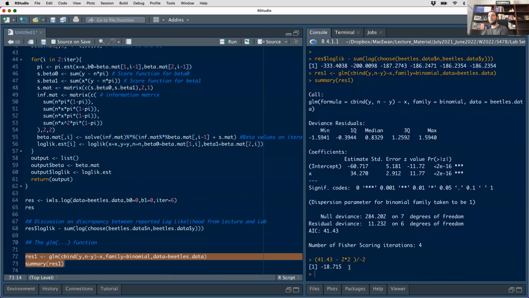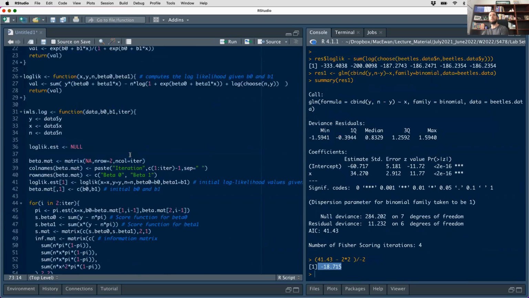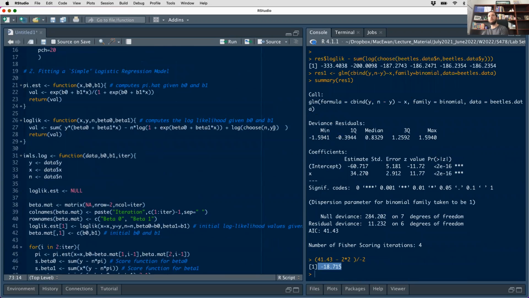By default, R is computing the log likelihood using the full expression that includes the combinations operator, whereas the reported value in the textbook I was working off of does not include this value. So the discrepancy is simply this constant here.